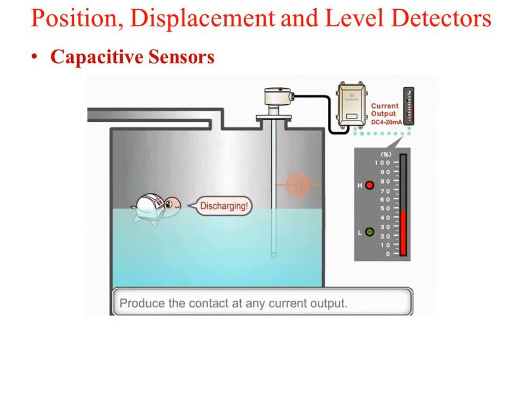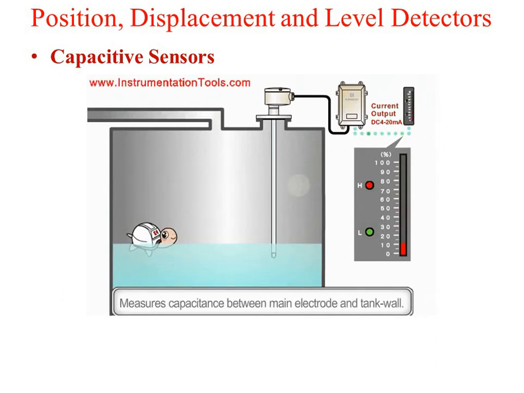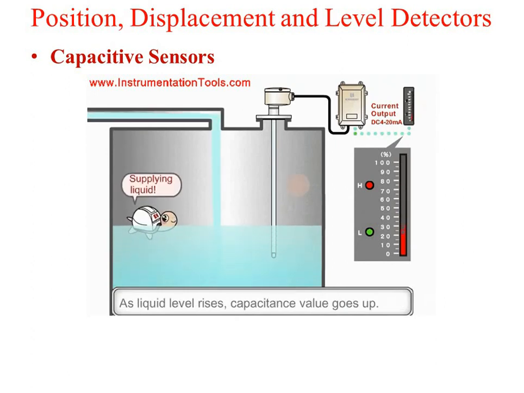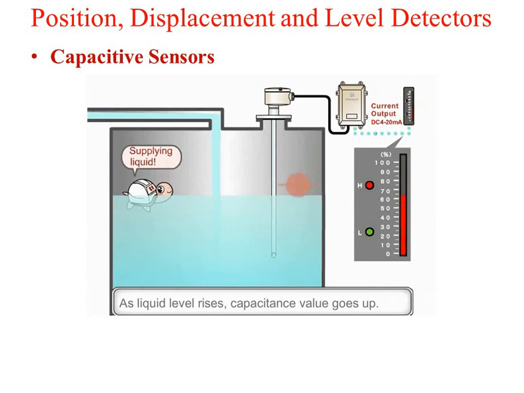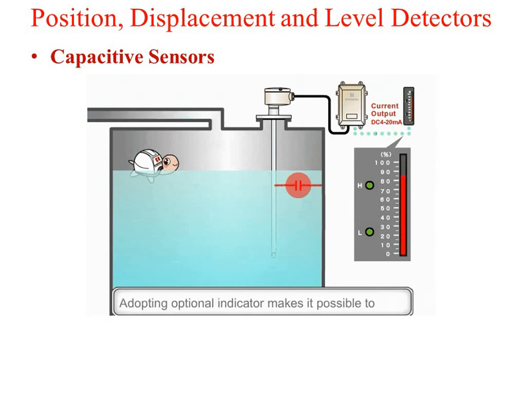That capacitance will be measured, and that will be directly proportional to the level of the liquid that is present. Okay, so this is how the capacitive sensor is used for measurement of displacement and level.